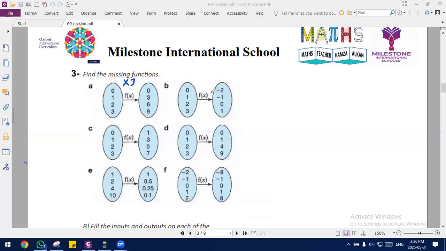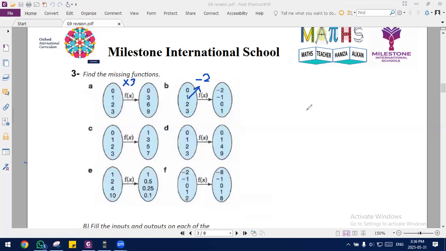Now let's check B. 0 becomes minus 2. So first thing that comes to our mind is minus what? Minus 2. Now check it. Is it correct for the others? 1 minus 2, what's the answer?